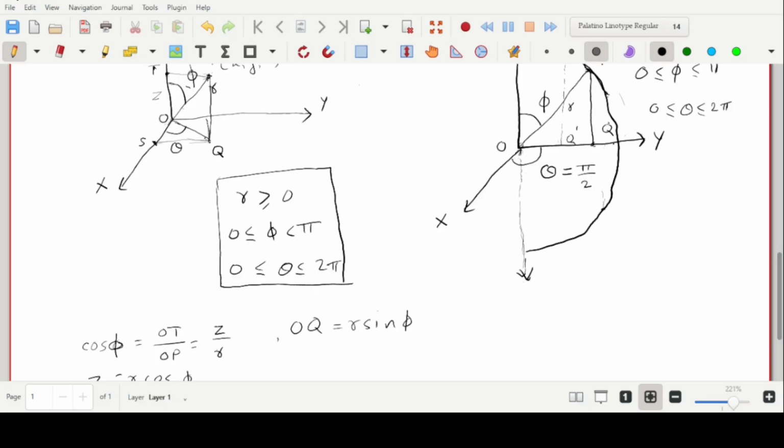Alright, and this OSQ also is a right angle triangle, and this angle is theta, and therefore by trigonometry OS is OQ multiplied by cos theta, since OQ is the hypotenuse of this right angle triangle.